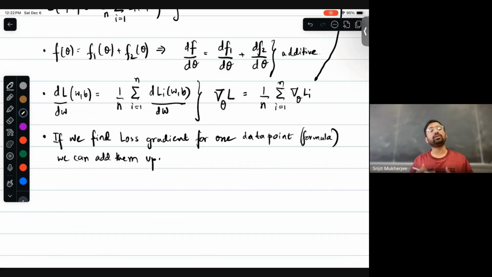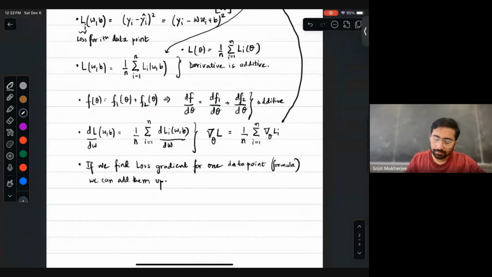So we do not need to find individual formulas. We can just do it for one and then add them up. So this is useful, right?